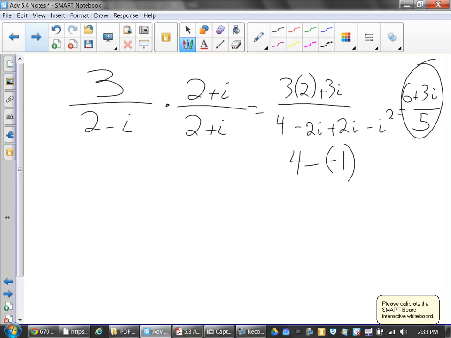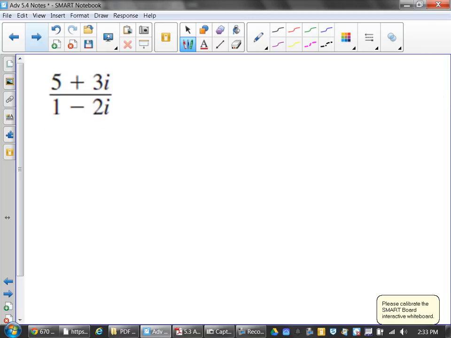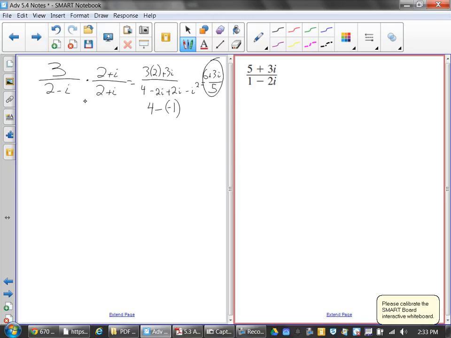Okay. So let's look at another one here before we run out of too much time. All right? Try the other one. Now, in this one, the second one I have up now, you'll notice that when you distribute your numerator, you'll have to re-FOIL and recombine. But you're still doing the same process. You're just multiplying out.